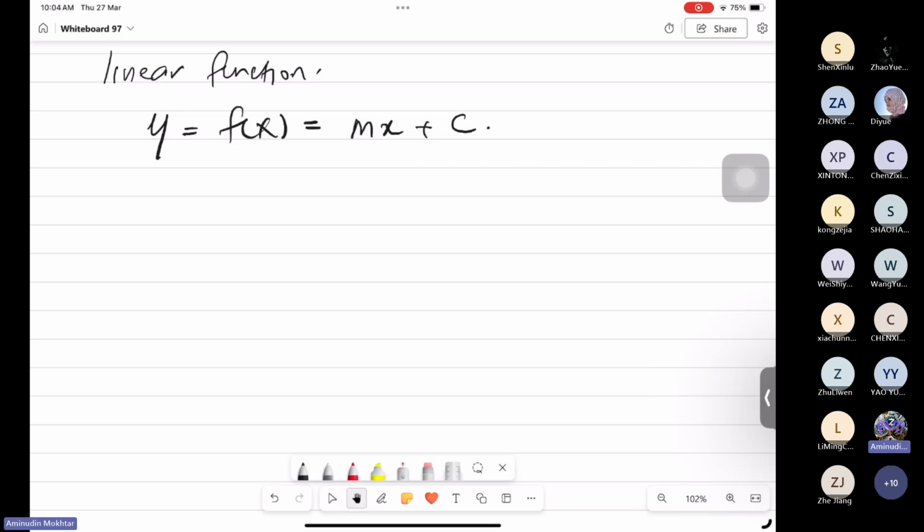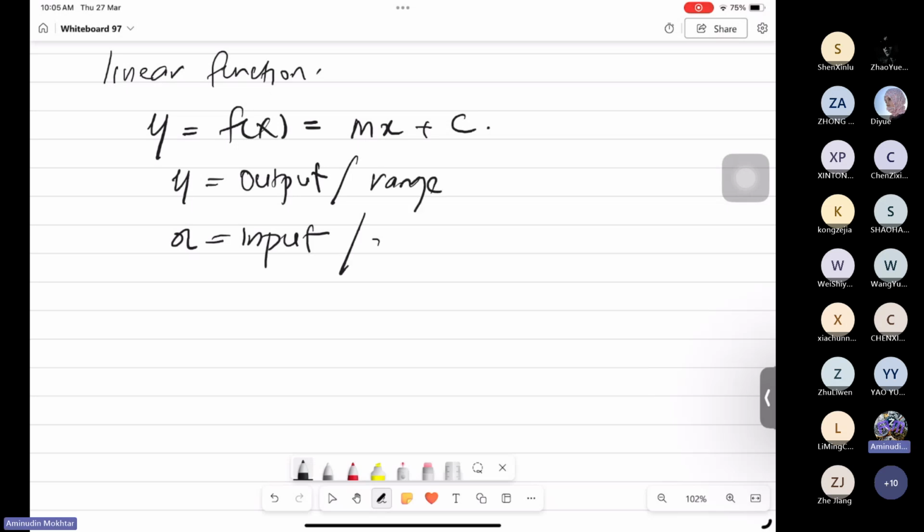When we write a linear function, we must know the general form is y equals mx plus c. Again, y is the output, also a range. x is the input, the set of input is also a domain.